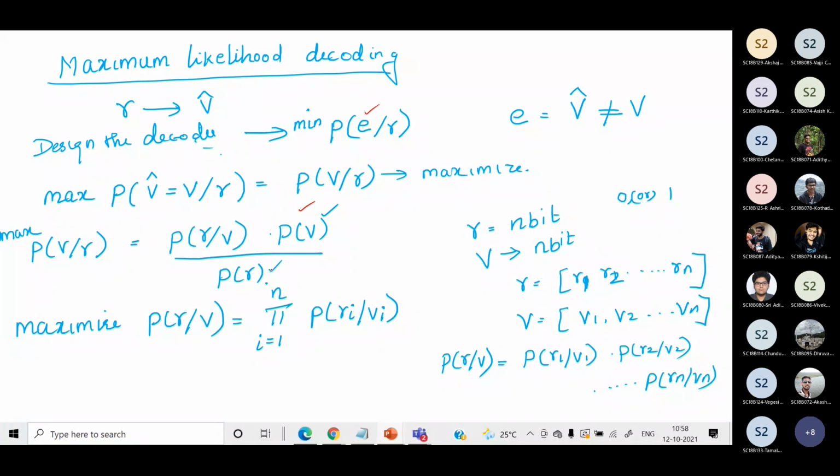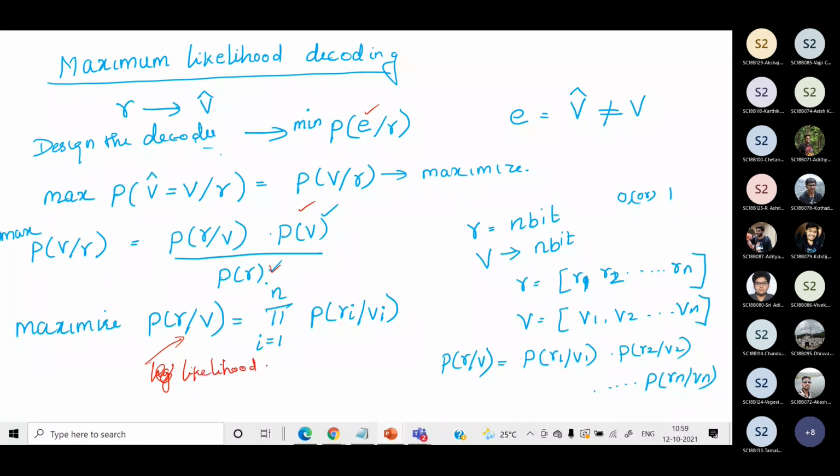Even the P of R won't affect the decoding logic. So we just remove these two probabilities. Maximizing P of V given R is equal to maximizing P of R given V. This is called the likelihood probability.